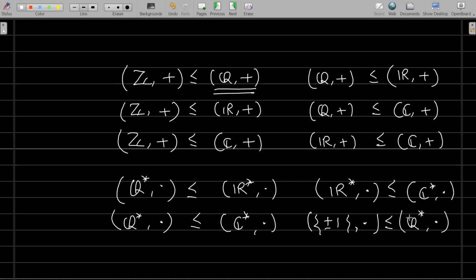Any doubts? You can remember it this way: it should be a subset, it should be itself a group, and the operation must be the same. Then that is a subgroup.